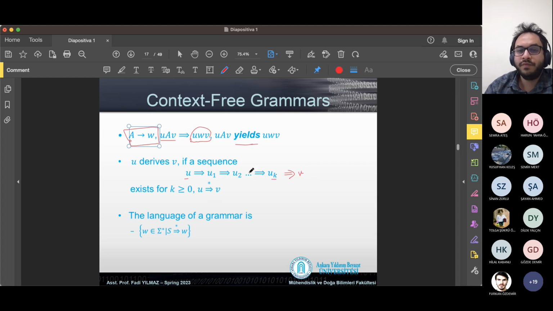So we start from u, and if there's a sequence of substitution rules, and finally we can get v, we say that u derives v, if such a sequence exists. We show that like this: u, arrow with an asterisk, and then v. Okay, guys, u derives v.